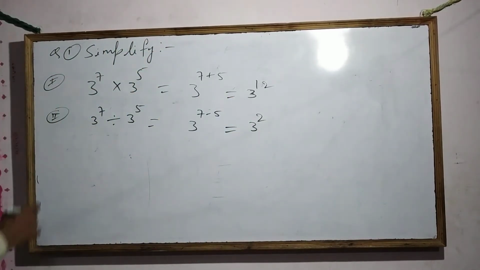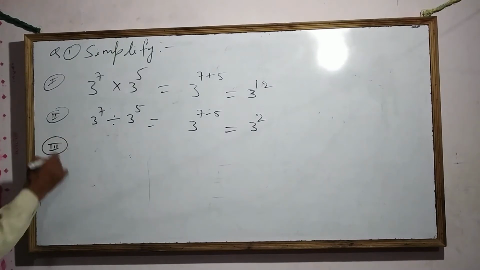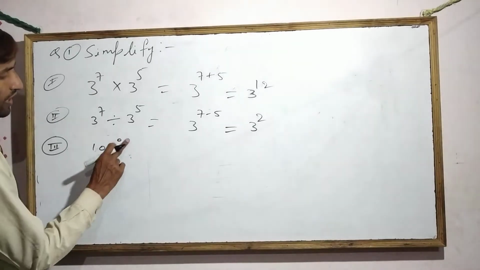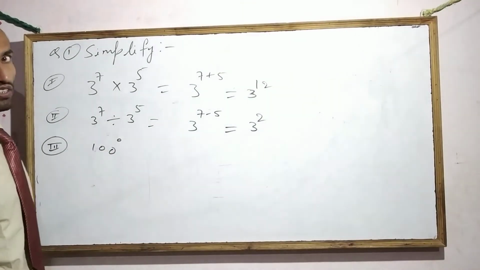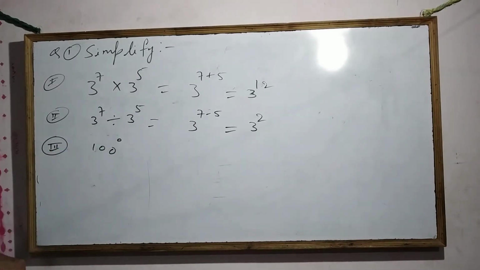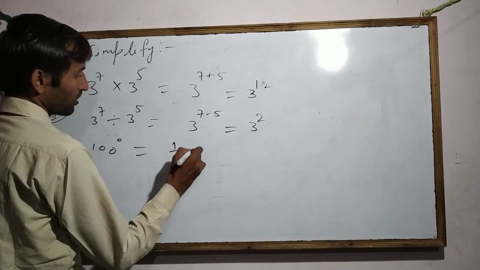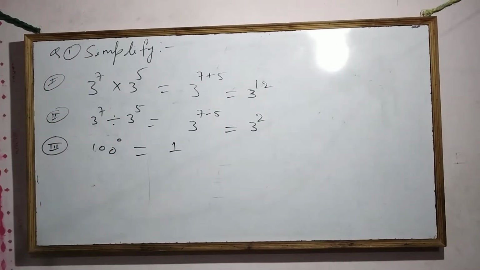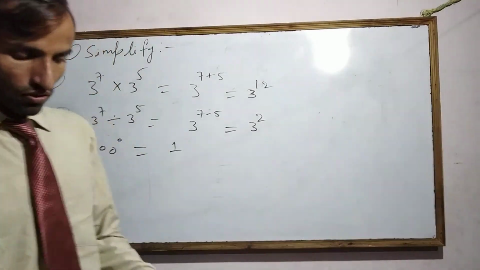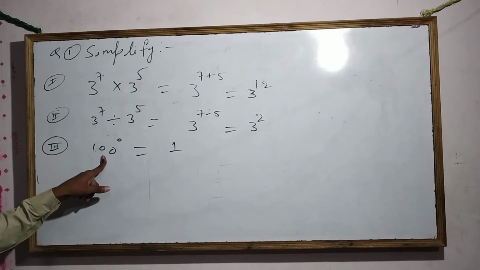Next, third. If sometimes 100^0 is written, as I explained, something to the power 0 means the answer is 1 only. Whatever base is given, if the power is 0, the answer is always 1, whether it is 1000 or lakh.